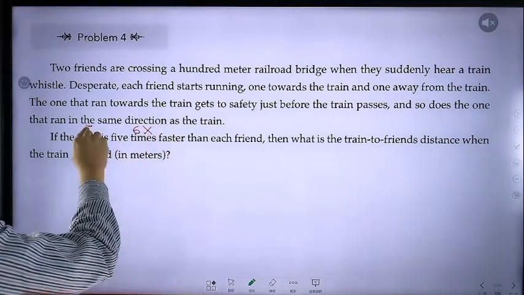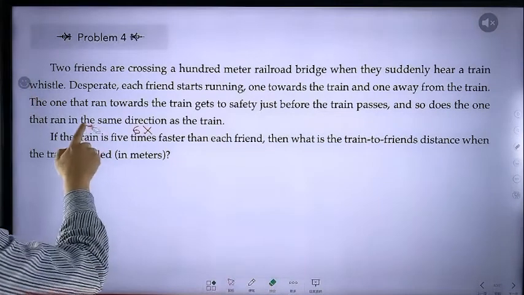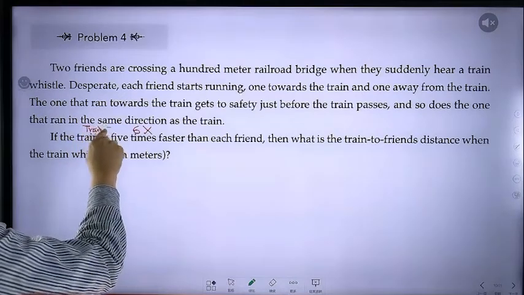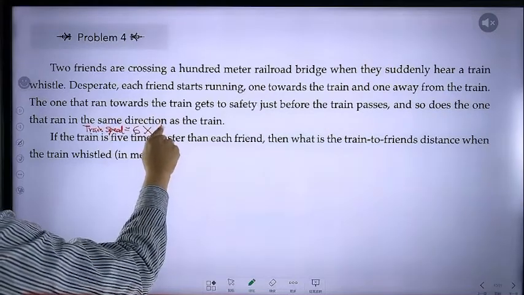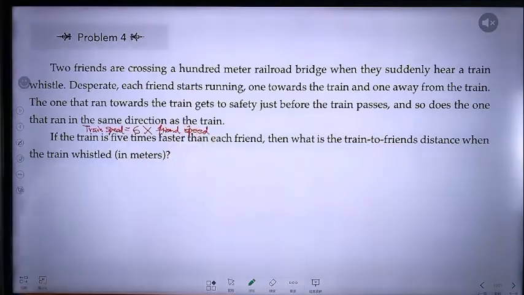So the train speed is 6 times the friend speed. That is a key condition. Then of course all the other things are the scenario, like how the four objects are moving.